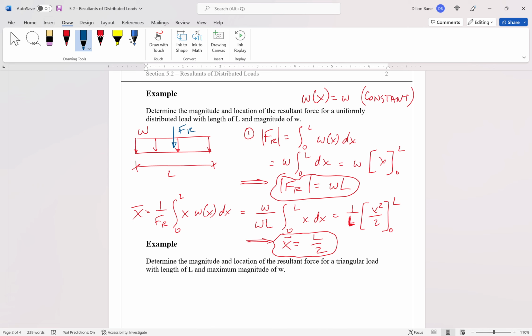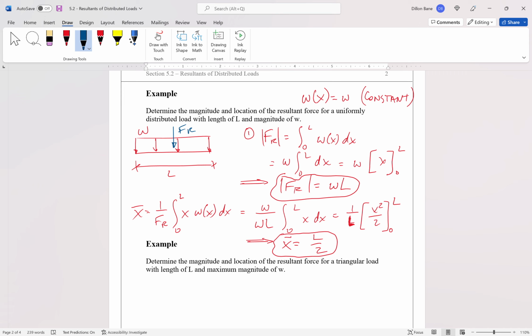That's the same thing, right? We've got 100 pounds per foot for 10 foot, or we can have 1,000 pounds acting at 5 foot over, right? Because that would be in the middle of our 10-foot load. Mathematically, what we've just proven is that for the resultant of all uniform loads, the magnitude is just W times L, and the resultant force will always act in the middle.